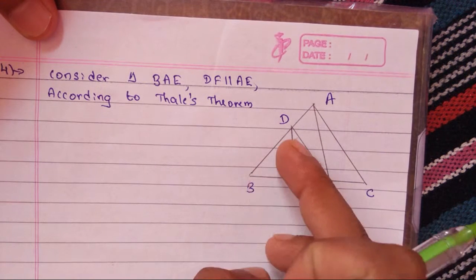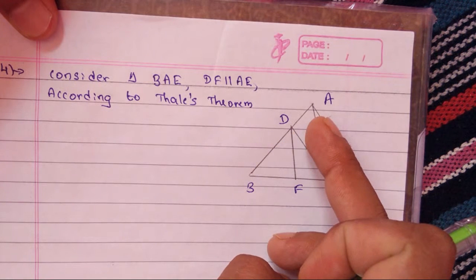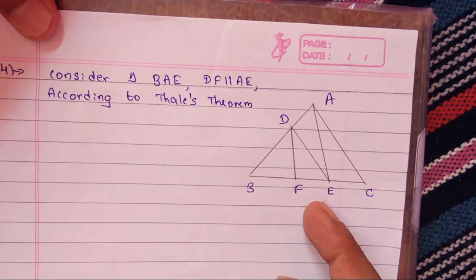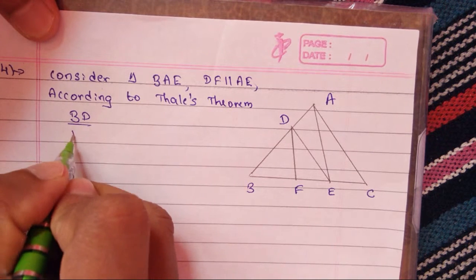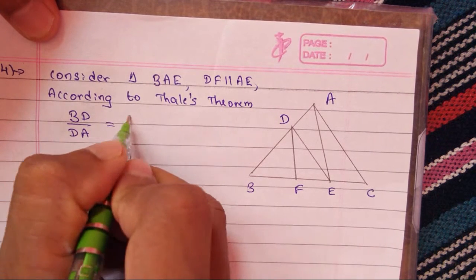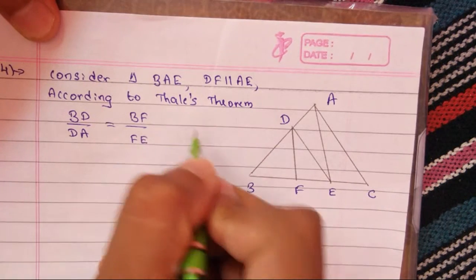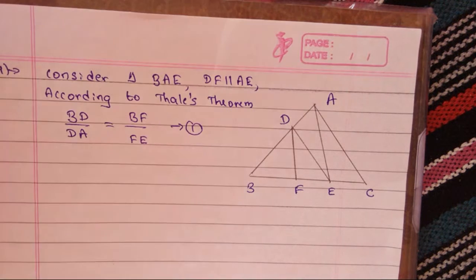Therefore, we can write BD divided by DA, that is equals to BF divided by FE. I will call this as equation number 1. This is according to Thales theorem or basic proportionality theorem.